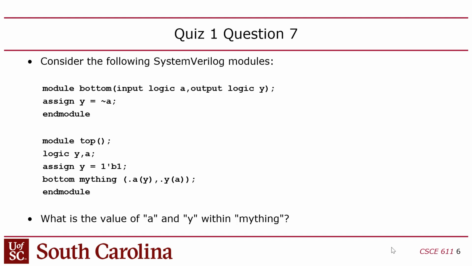Inside top, the Y, which is hard-coded to 1, is going to be sent into the A input. So A is 1 in there. And then Y is assigned to be the complement of A, so Y should be 0, right?